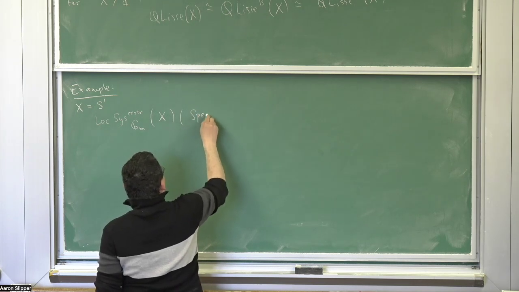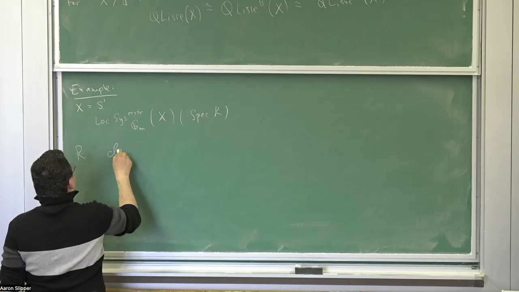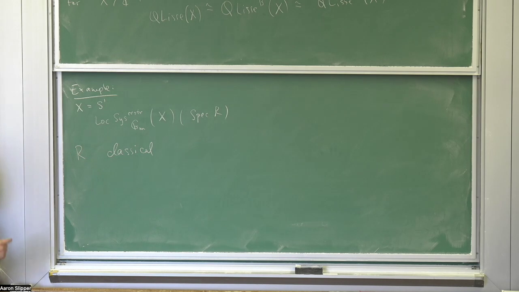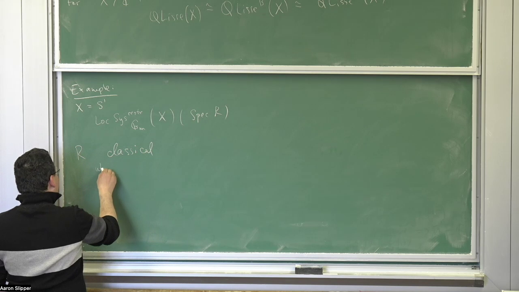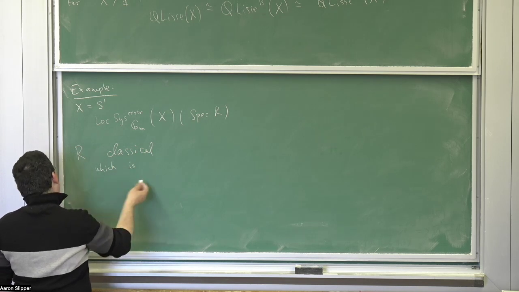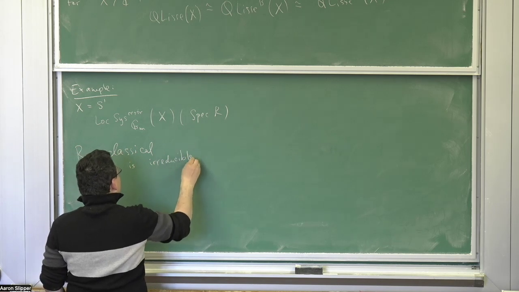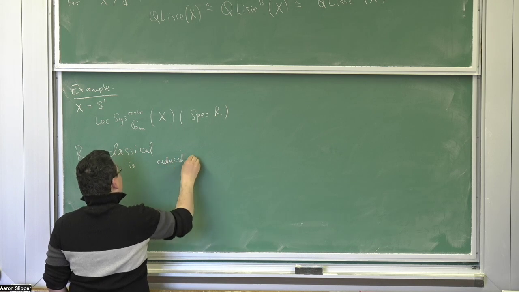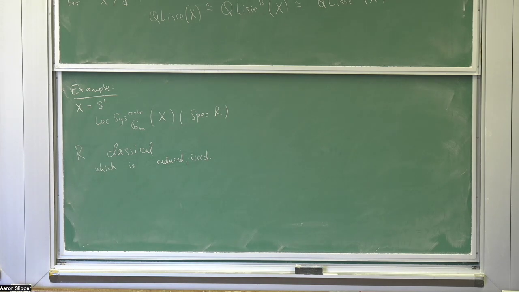Spec R. And let's take R to be a classical ring, so there's nothing derived happening. R is an ordinary ring, which is, just for simplicity, let's say reduced and irreducible. You can weaken that, for instance, to connected.